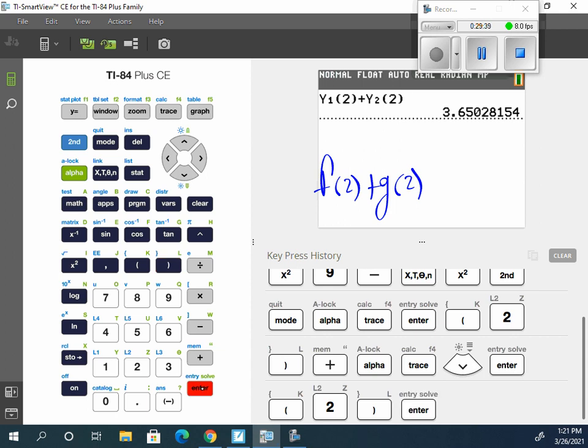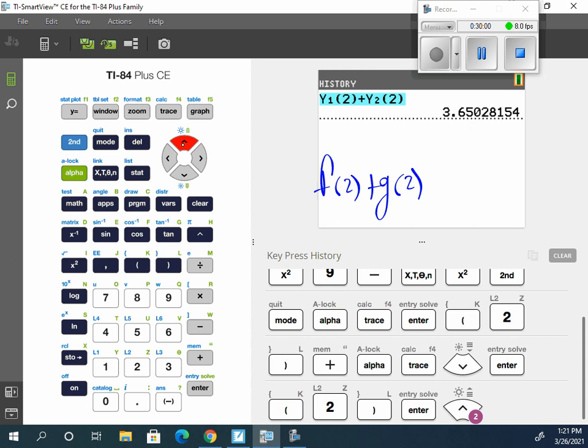Hit enter. That's the value for f plus g of x. Questions on this here? It's not asking for the first part of it. That's the only part it's asking for. Yeah, they're just asking us to find that.